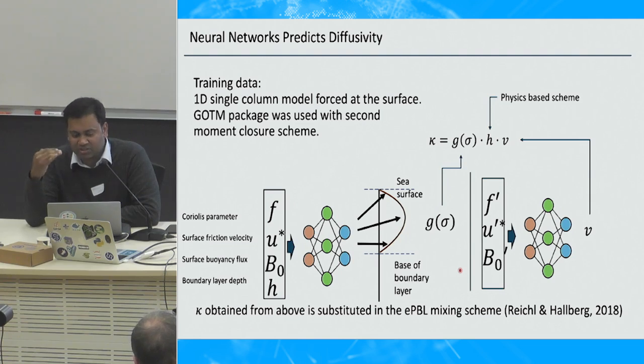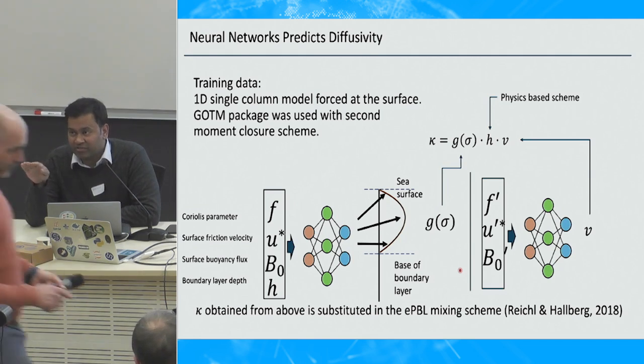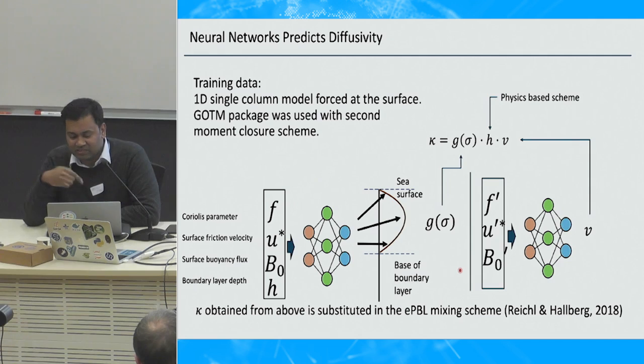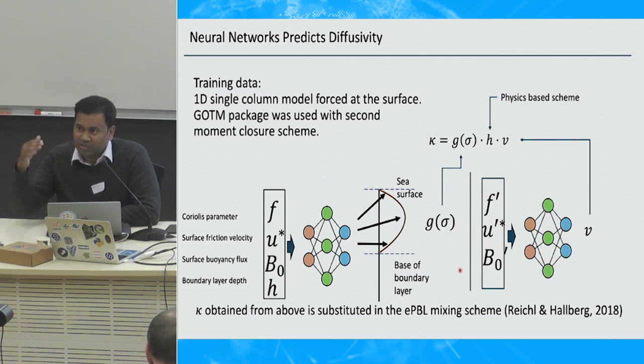And we assume the ground truth to be second moment closure. So I used CAPSULON, and I agree with you, it has its own biases, but the assumption is that at least it's better than the first order closure. And it doesn't have non-local terms, so that is one issue. So effectively whatever biases and problems are there in your training data will creep into your network and into your model, but the hope is that at least it's better than what we were using in the first place.